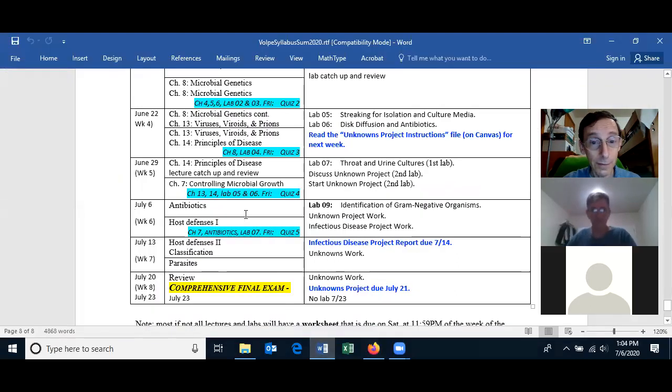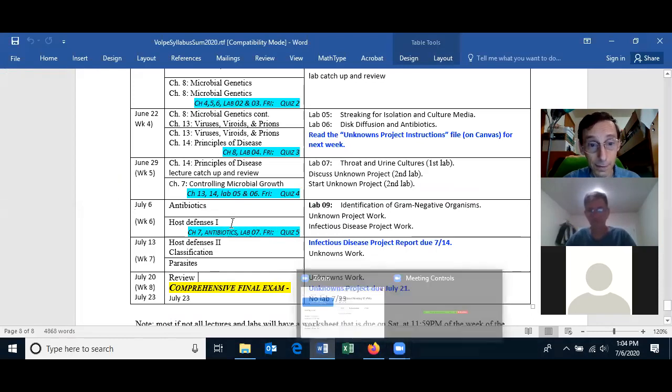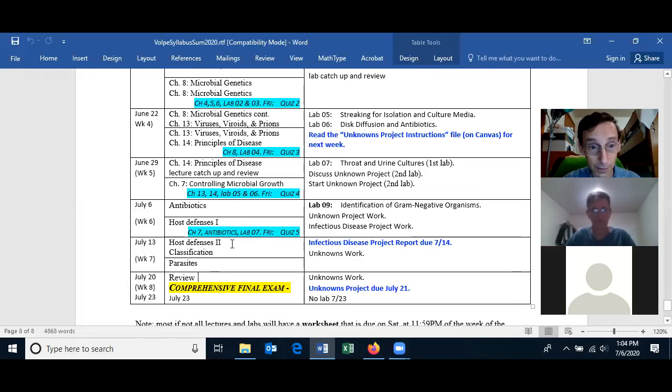So that's what we can do, and we'll do lab 9 today in the lab for the second part. And I'm not sure what we'll do tomorrow. I can go ahead of schedule, but I've already got a review in there, but that's all right. We'll go slowly through antibiotics and then slowly through host defenses 1 and host defenses 2.